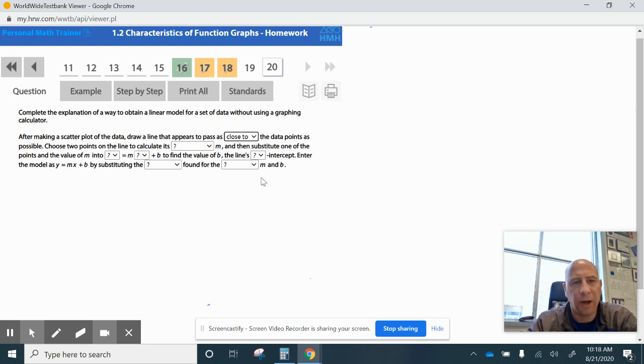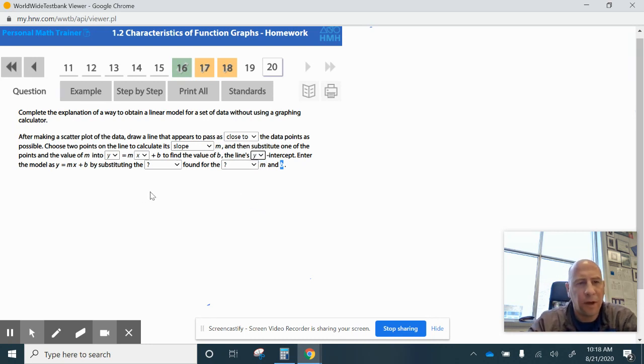Choose two points on the line to calculate its slope, m, and then substitute one of the points and the value of m into y equals mx plus b to find the value of b, the line's y-intercept.